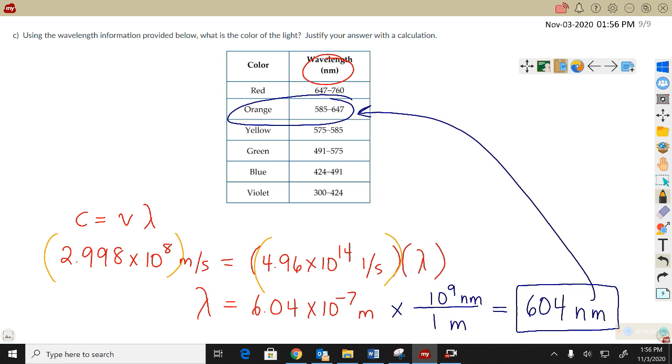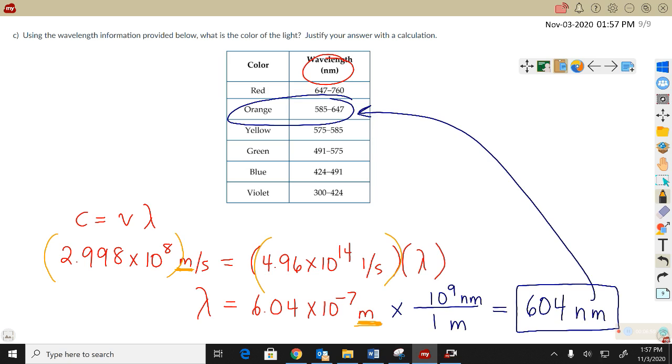Cool. Then sometimes that answer will be fine, but in this case, the chart gave us wavelengths in units of nanometers. And so I'm going to need to convert my wavelength, which will be in meters, because my speed of light is in meters. So these units also need to jive.